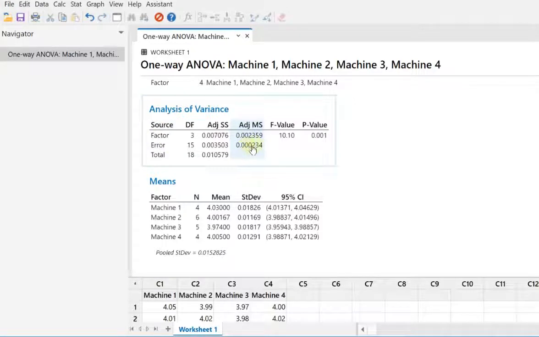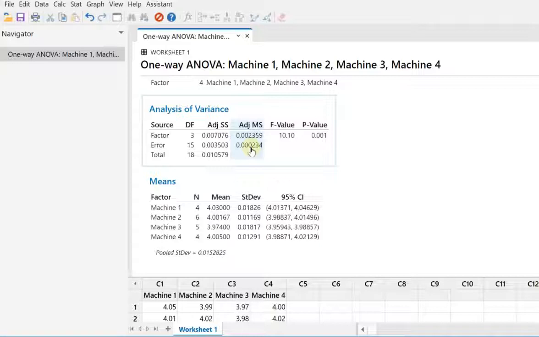And this is going to be variance within. The error is within. These are mean squares. So again, this is variance of between groups. This is variance within each group, which we assume to be common but unknown. This is an estimate of it. If you take the square root of this number, you get the standard deviation.